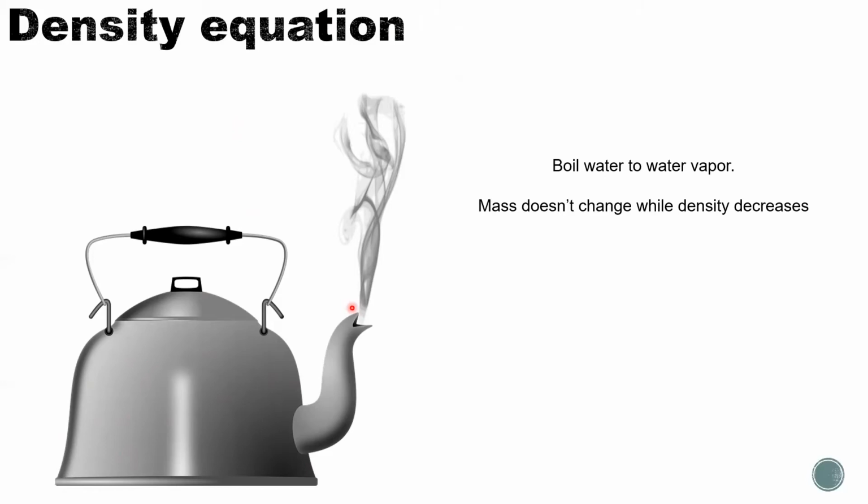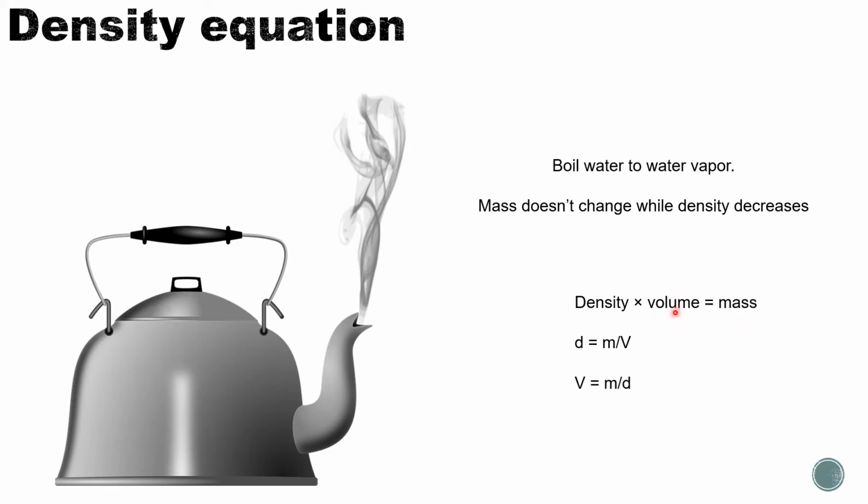Obviously, vapor has a larger volume than the liquid, right? But the total mass does not change because it's still the same amount of water. So what is changed is the density. From this case, you can know that density times volume equals mass. The higher the density, the smaller the volume if the total mass is not changed.